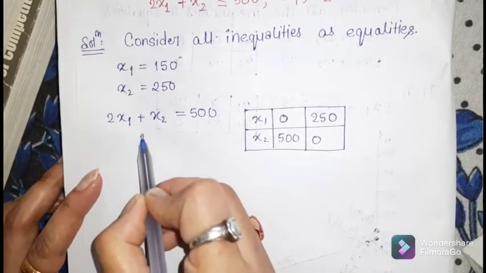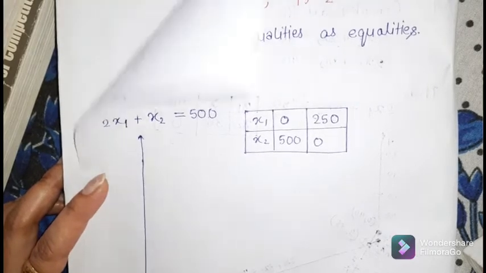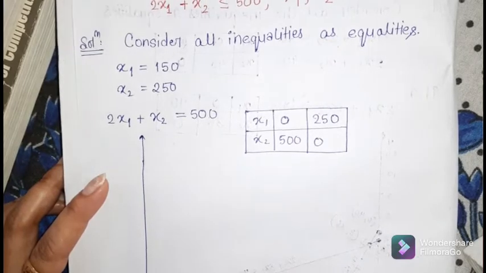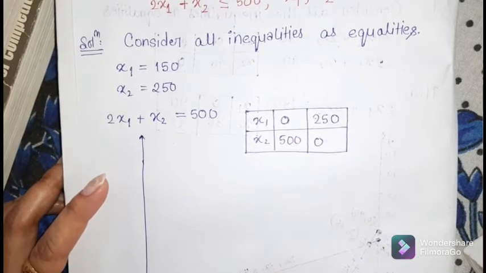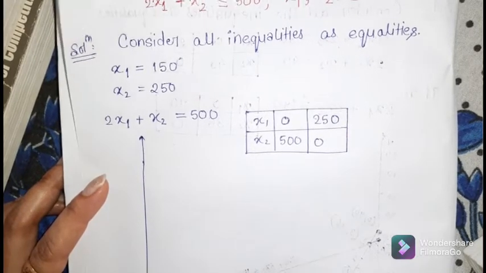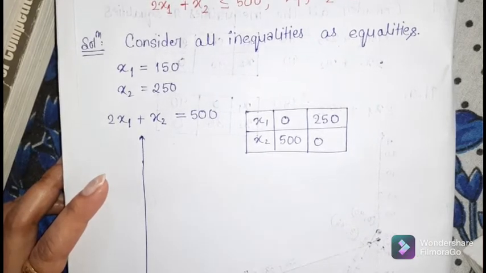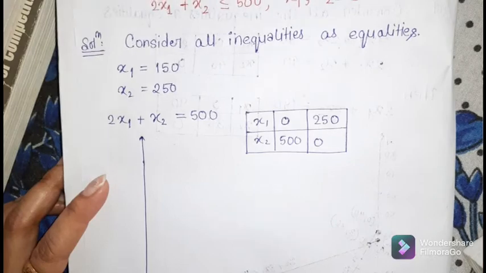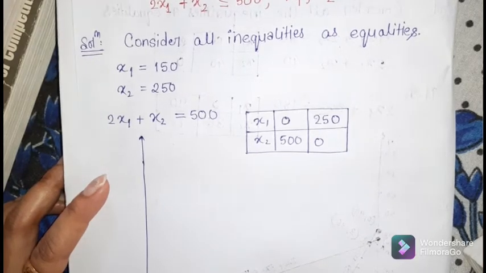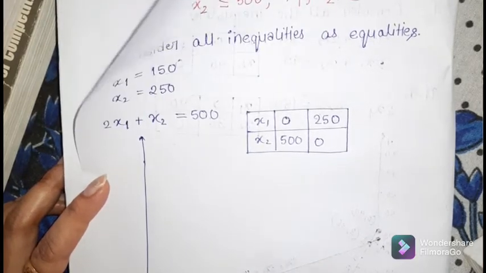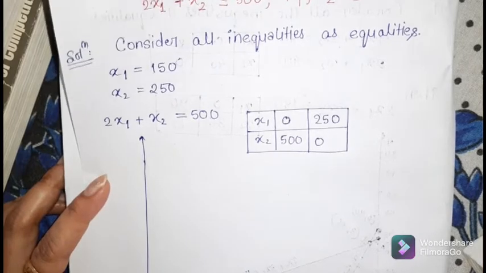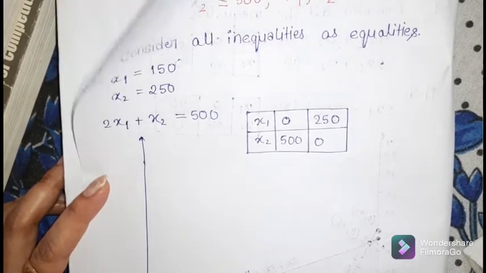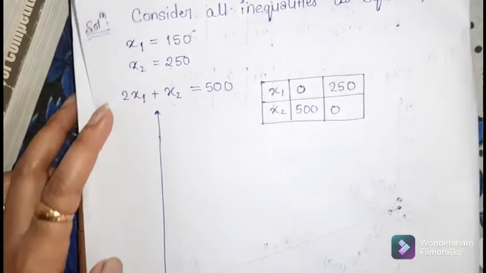So if you take 50, then 100, 150, 200, 250, then 300, 350, 400, 450, 500.